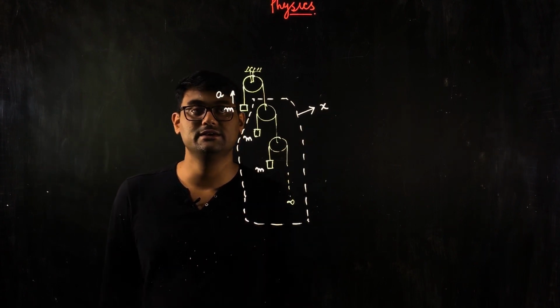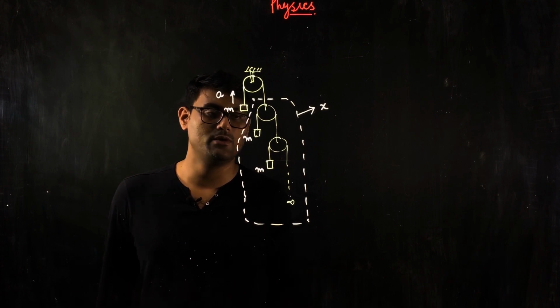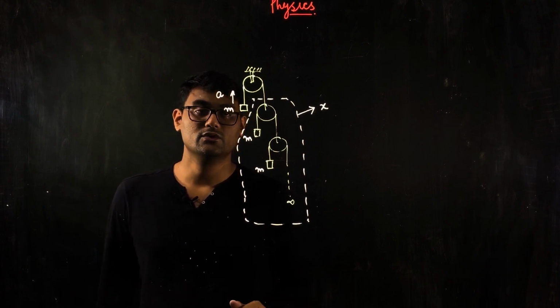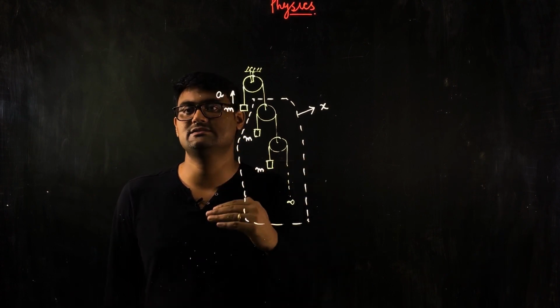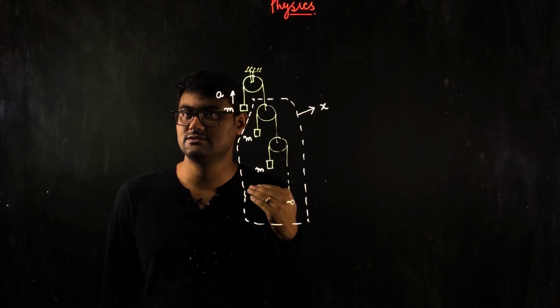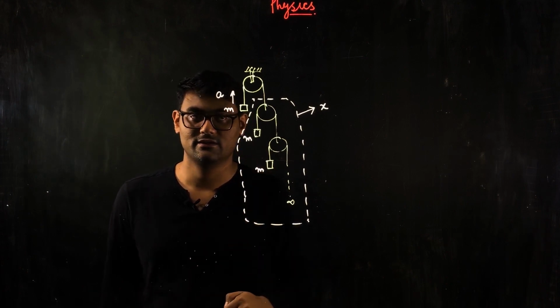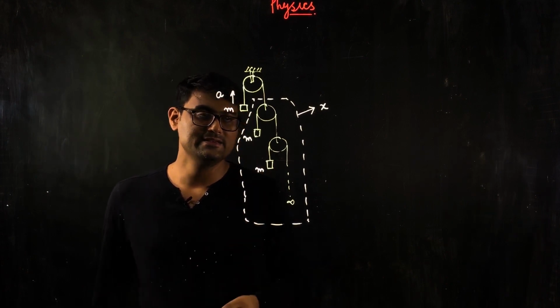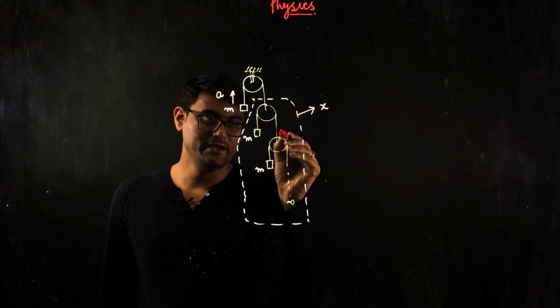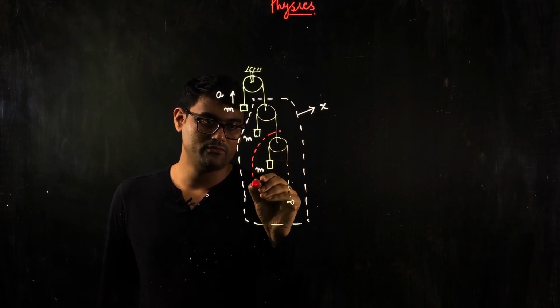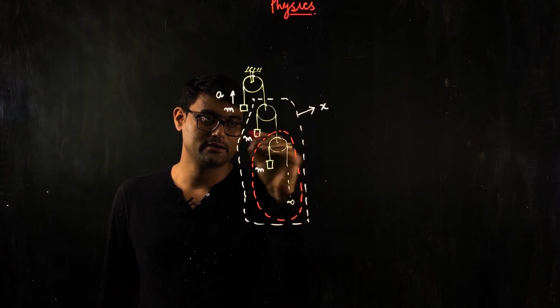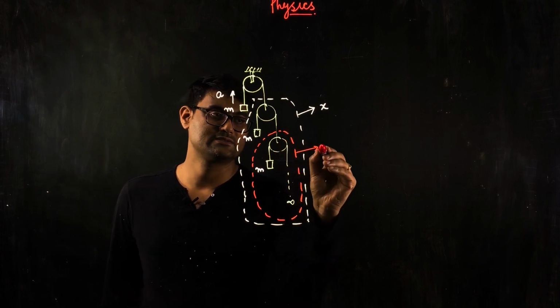Now as you can see, this is an infinite system of mass and pulley. So if I remove one unit from an infinite system, the system will no longer change. So in that case, can I say that the equivalent mass of this lower part is also x?